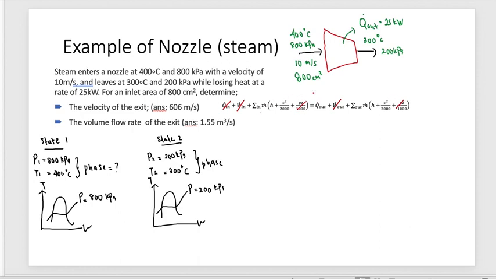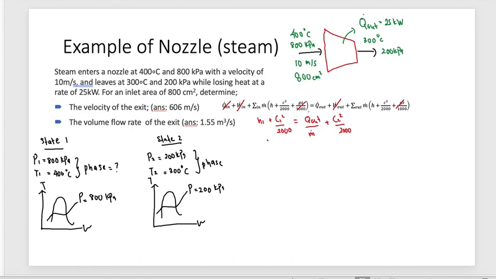This is the SFEE equation at the inlet, and this is the SFEE equation at the outlet. So I divide the whole equation by the mass flow rate and I will get H1 plus C1 square over 2000 is equal to Q dot out divided by M dot plus C2 square over 2000.